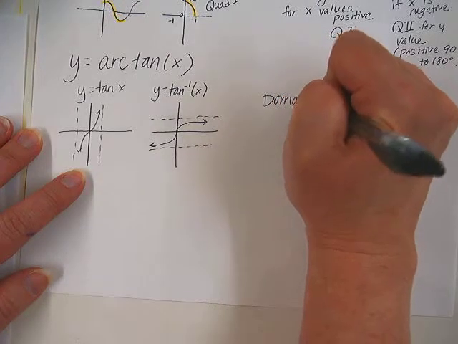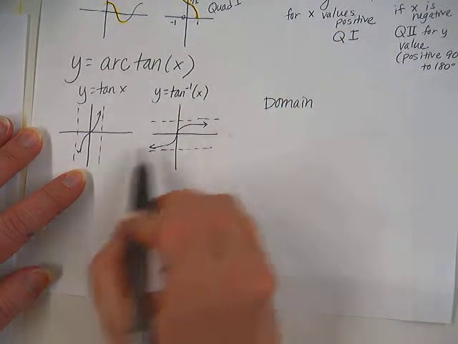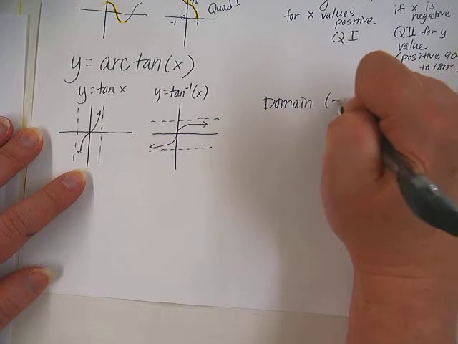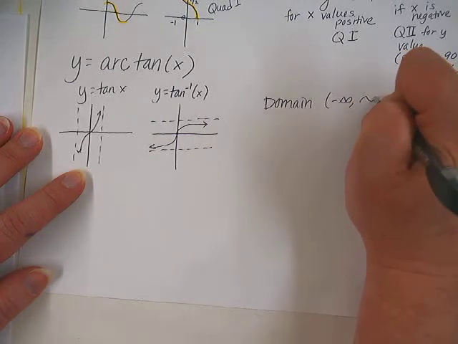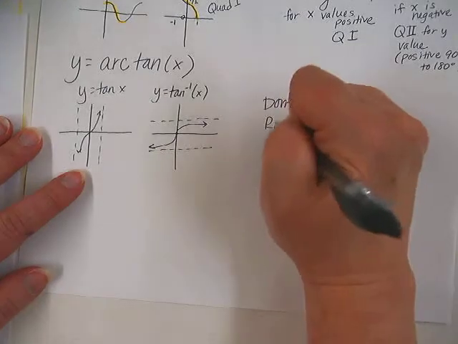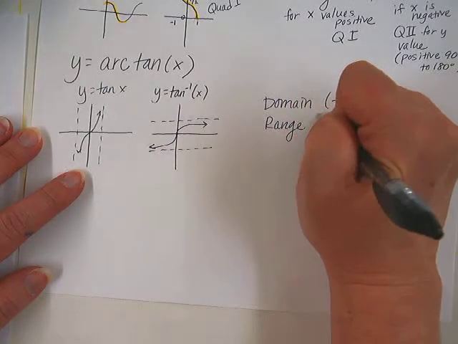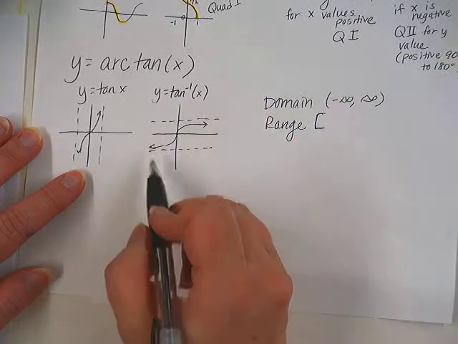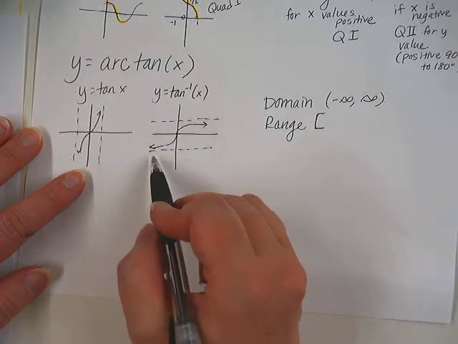So the domain of that one, look at our x value, is going to be all real numbers. We can plug in anything because the ratio for tangent can be anything. The range, however, we are restricting to one branch of the graph between asymptotes.